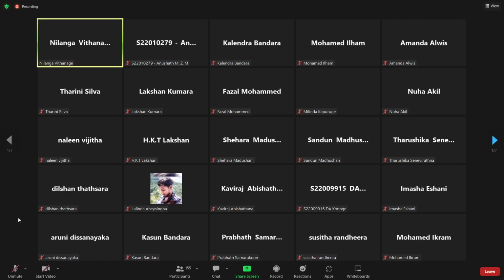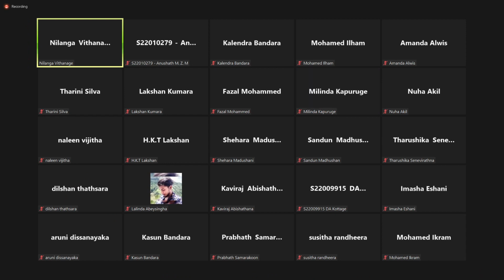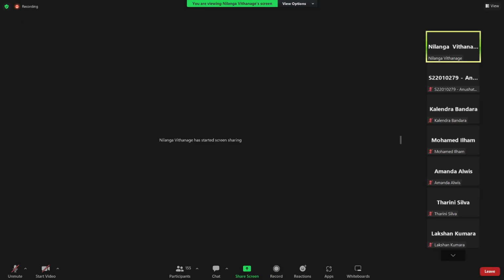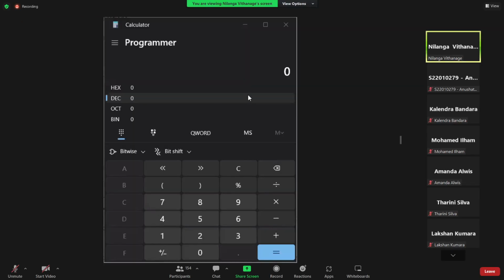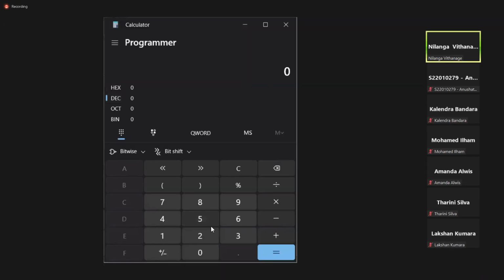Actually, you can double check using this scientific calculator as well, right? It is available in Windows as well. Let me share that one. So if here decimal 21 means it is 10101, right?